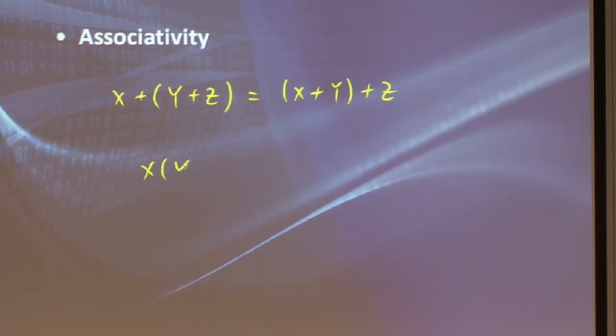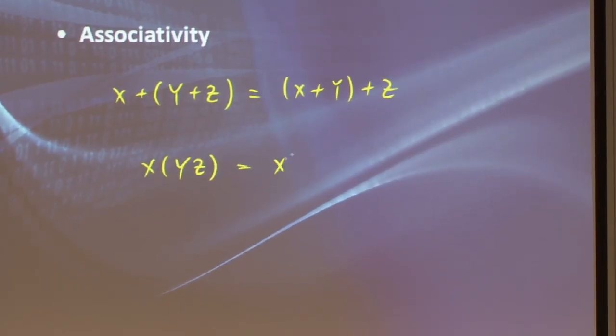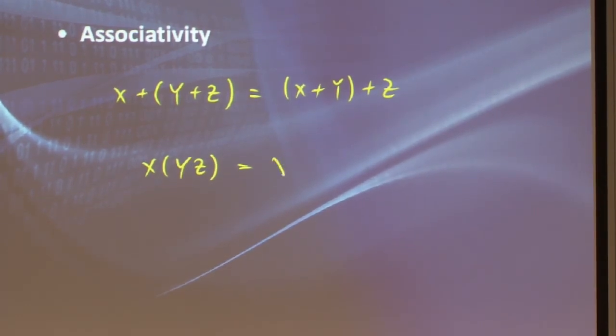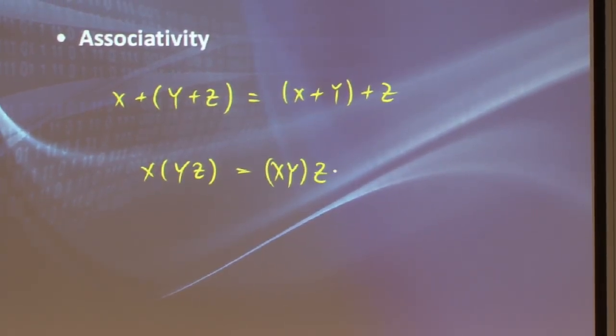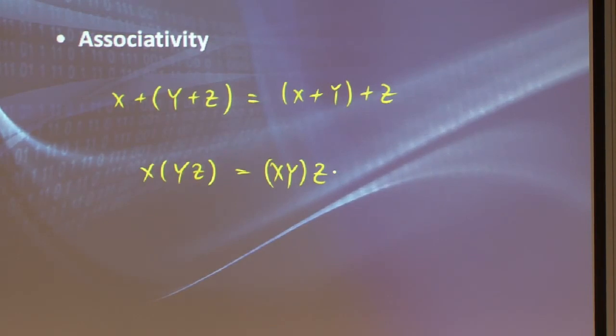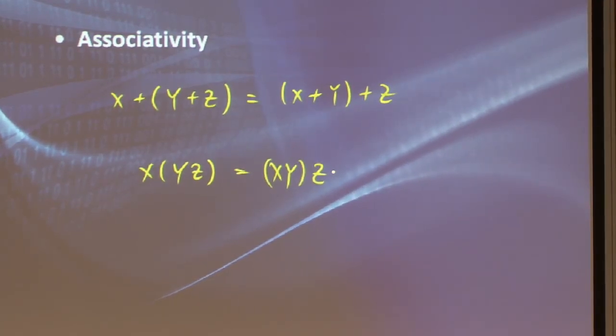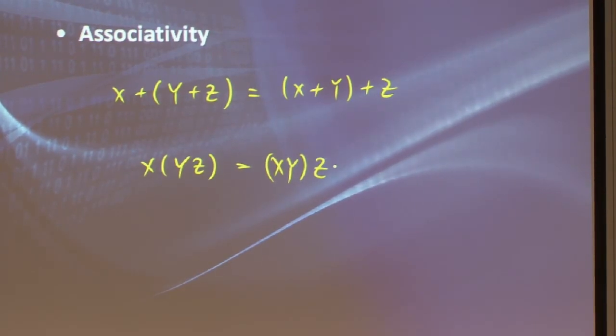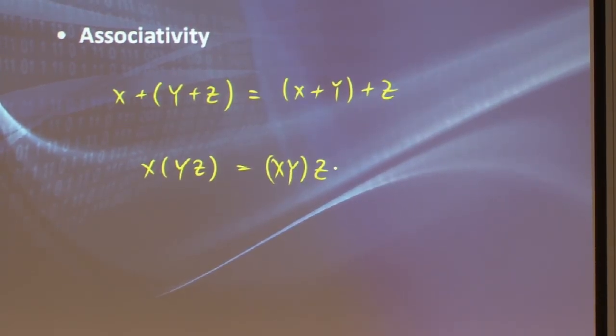Similarly, you can have x AND y first and then AND it with z, or you can do the y AND z first and then AND it with x. Again, what it means is, if you have a chain of a few ANDs together, it doesn't matter which two you AND first.